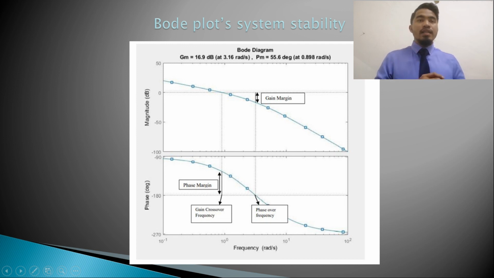As we can see from the graph, the gain margin is located at the phase crossover frequency, and on the phase graph, the phase margin is located at the gain crossover frequency.